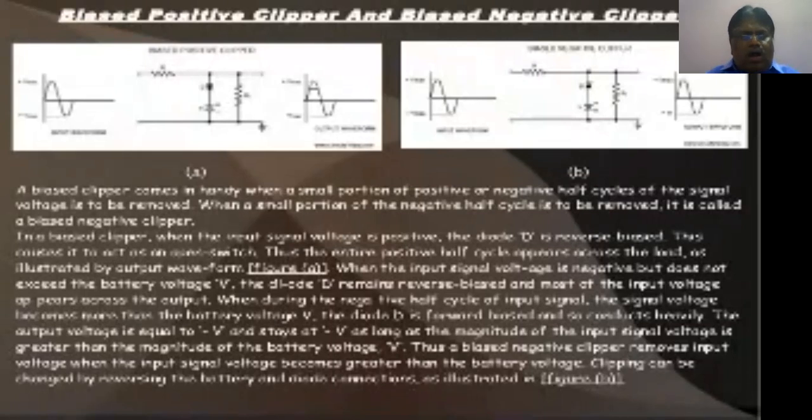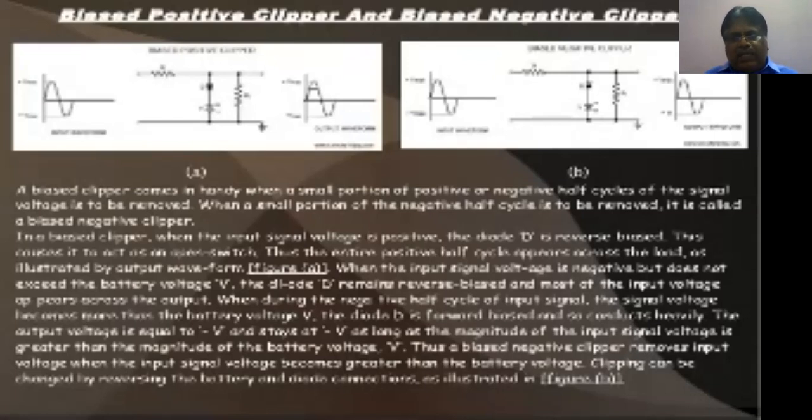When a small portion of the negative half cycle is to be removed, it is called a biased negative clipper. In a biased clipper, when the input signal voltage is positive, the diode is reverse biased. This causes it to act as an open switch. Thus, the entire positive half cycle appears across the load, as illustrated by the output waveform in figure A.